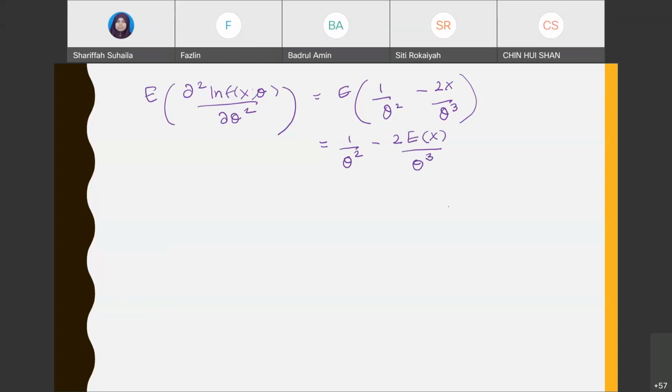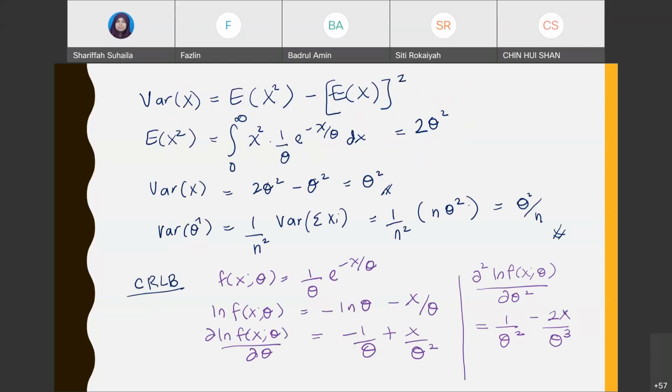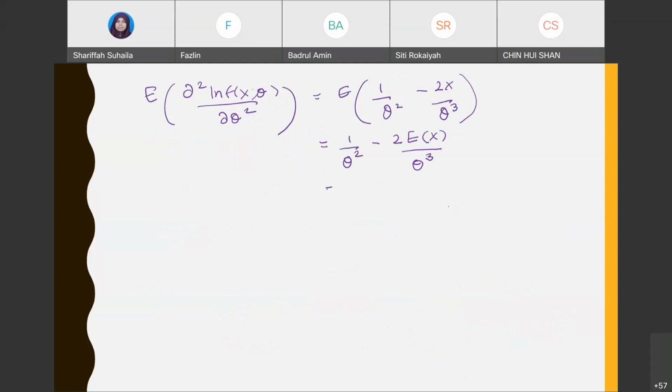Kita tahu ini adalah exponential distribution, so E(X) tadi kita dah tahu, which is theta. Gantikan, so 2 theta over theta cube, cancel out. Okay, so ini untuk expected value.